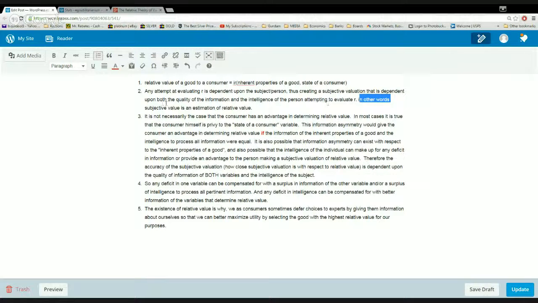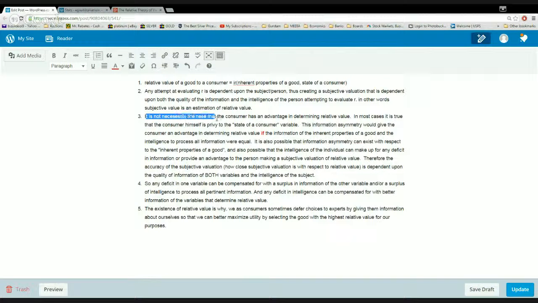In other words, subjective value is an estimation of relative value. Again, intelligence is the ability to process information. So again, your mind is composed of raw data and intelligence, how it processes that data.